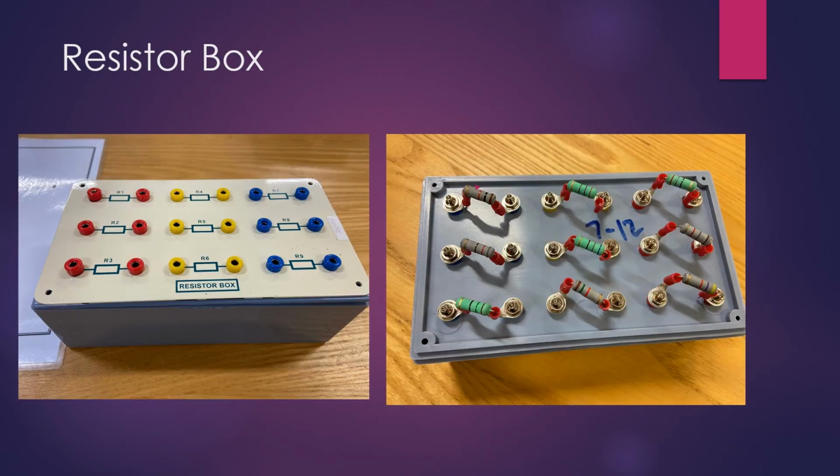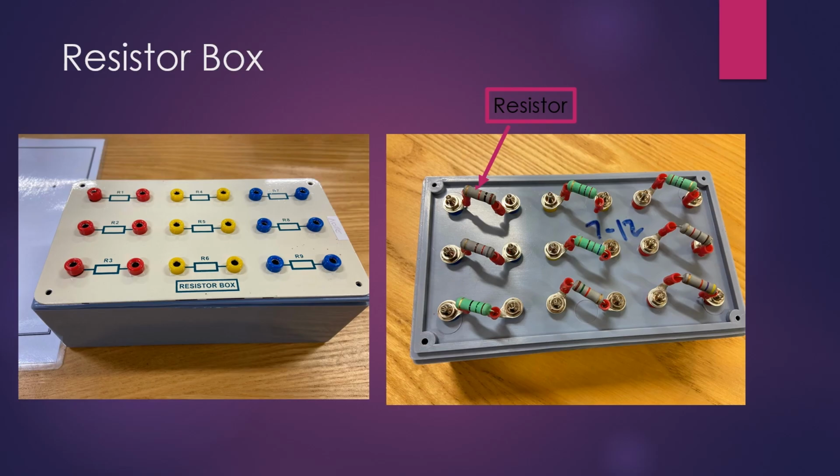Now let's talk about a resistor box. As you can see in front of you, there's a box full of resistors. That's how it looks on the inside. Those resistors are rated differently, and when we ask you to measure the resistance across, let's say, R1, as you can see on the resistor box, the resistor values are not written there.